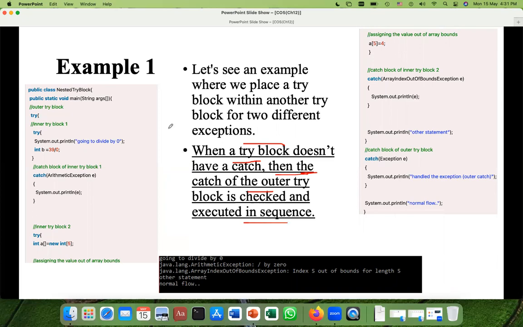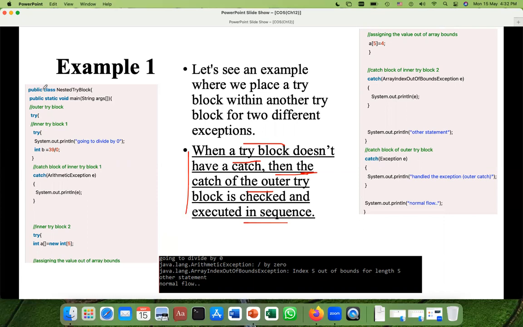So in this example, it is being said that we will have some try block that will generate some exception, but that try block will not have its own catch block. Then what will happen? That exception will be propagated to the next level. Let's see what that means.